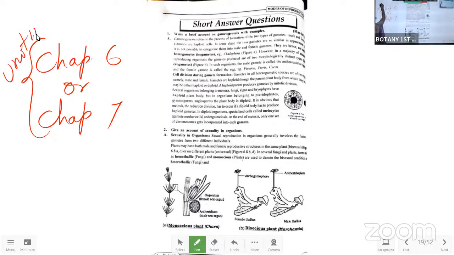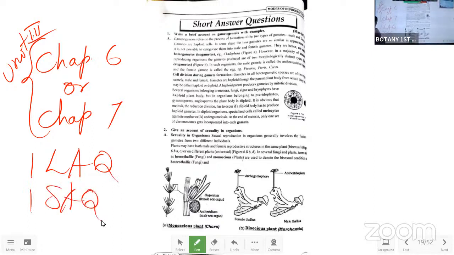So from unit 3, we will have 1 LAQ, 1 SAQ, and 1 VSAQ. The VSAQ they may give or not, no guarantee.